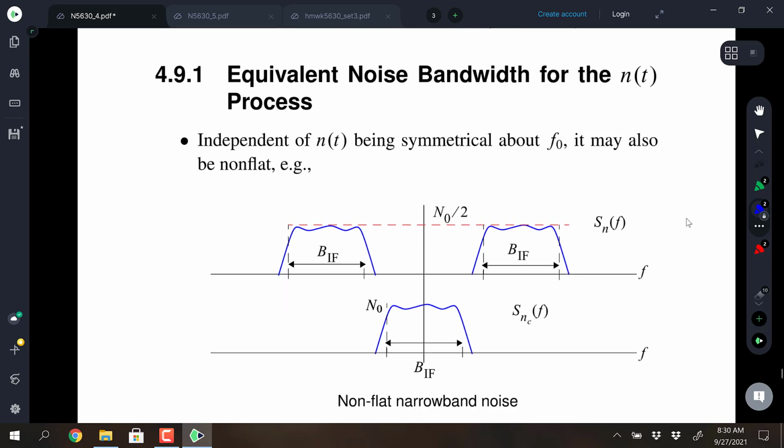We can then apply the equivalent noise bandwidth ideas. If you've got a typical IF filter, which might have some ripple in the passband, this is very highly emphasized, but just to say that it's not perfectly flat and the skirts of the filter are finite rather than zero width, dropping down like an ideal filter.